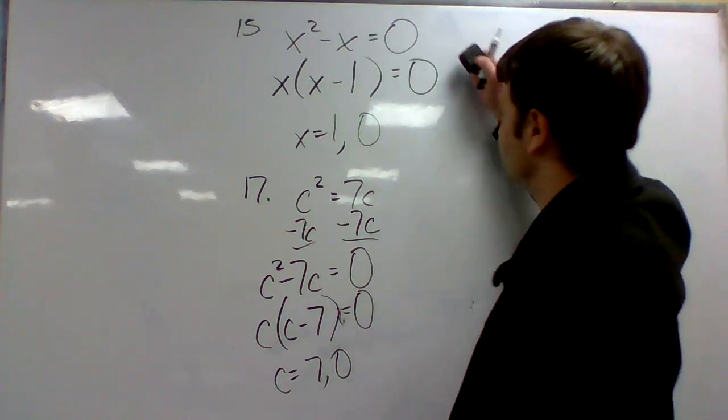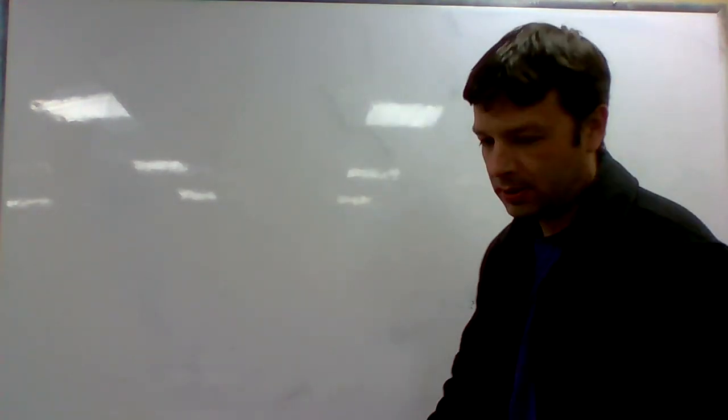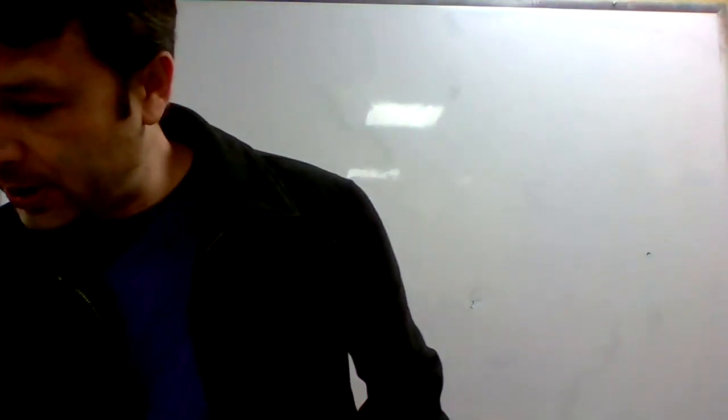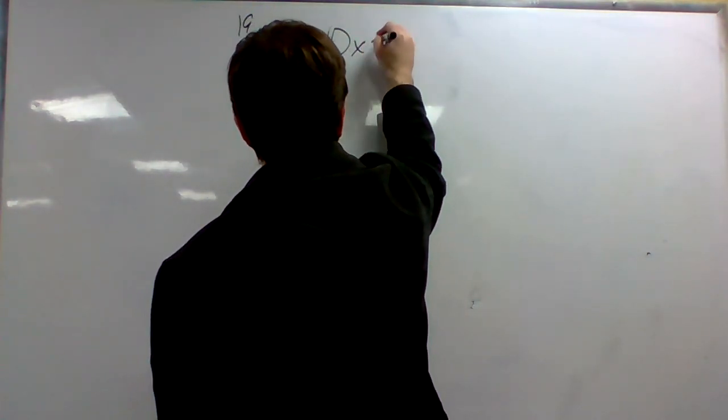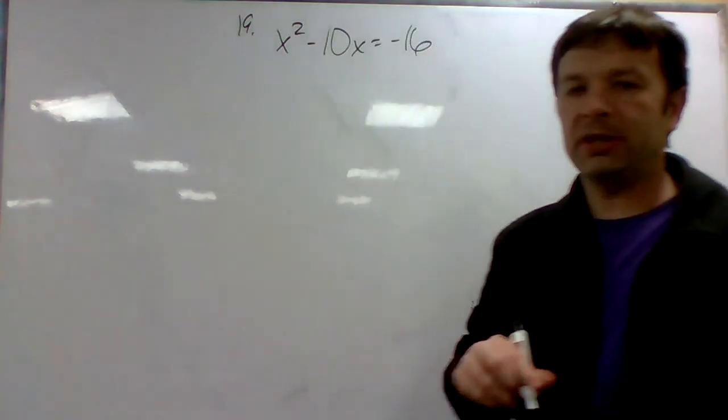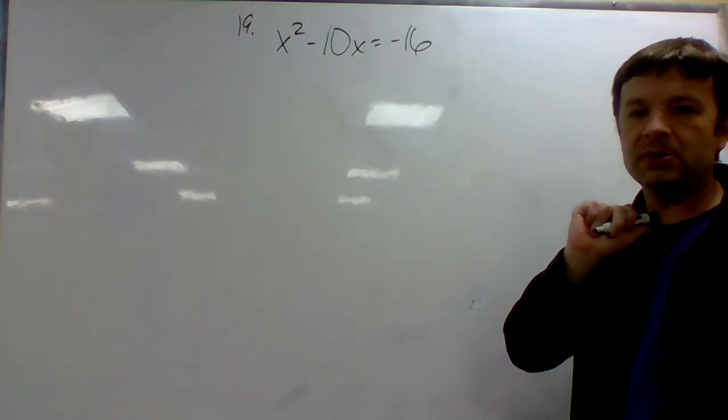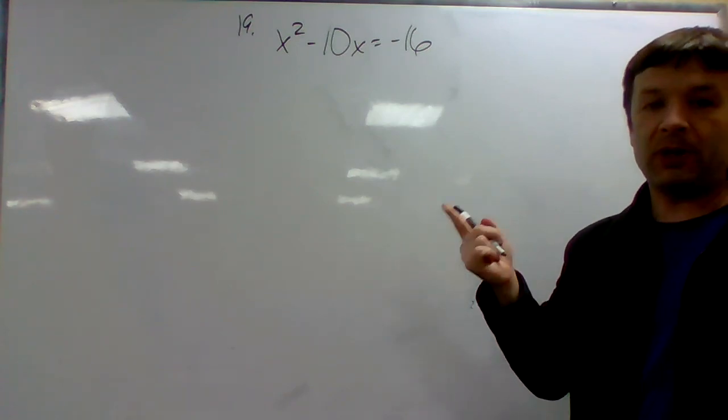All right, 19. Okay, we're getting close. 2 left. x squared minus 10x equals negative 16. What do you guys think we should do first on this one? Same problem as last time.